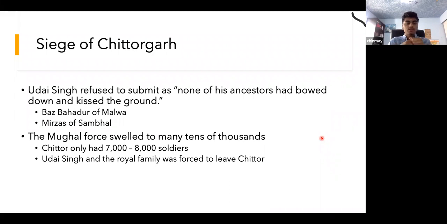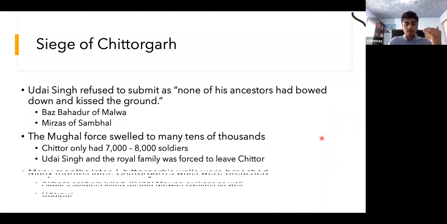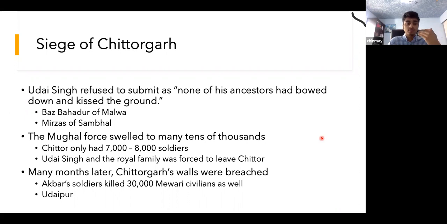Eventually, Chittor's walls were breached, and there was a huge war in which Akbar suffered a lot of casualties. The thing about the Rajputs is they had a practice: if they were in a situation where there was no way for them to win, they would come out to war and fight, intending to kill as many of the enemy as possible before they themselves died.